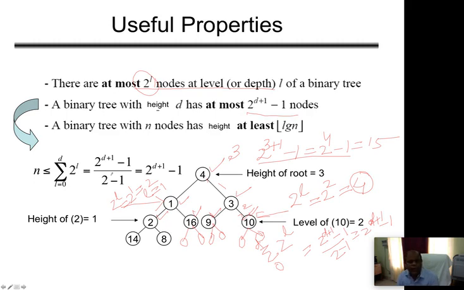Remember that: a binary tree with n nodes has height at least log n. In this case, what is the n value? The n value is 15. If you complete all these things, what will the n value rise to? In this case, at height 3, how many are possible at height 3?